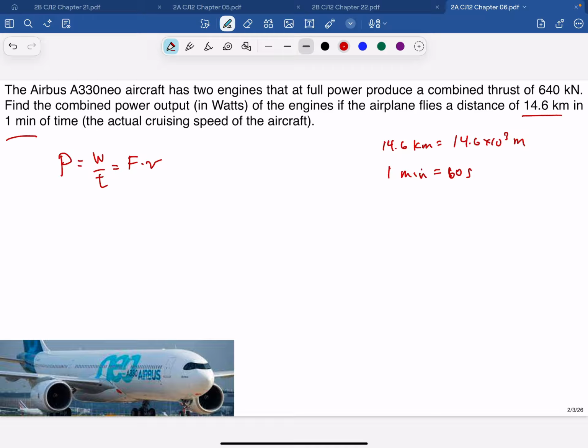We could find the work, it's force times distance, and then divide by time. Or we can find the velocity and multiply by the force. They're going to be identical. So I'm going to do force times velocity. My velocity is going to be distance divided by time. That distance, 14.6 times 10 to the 3 meters, all over 60 seconds.